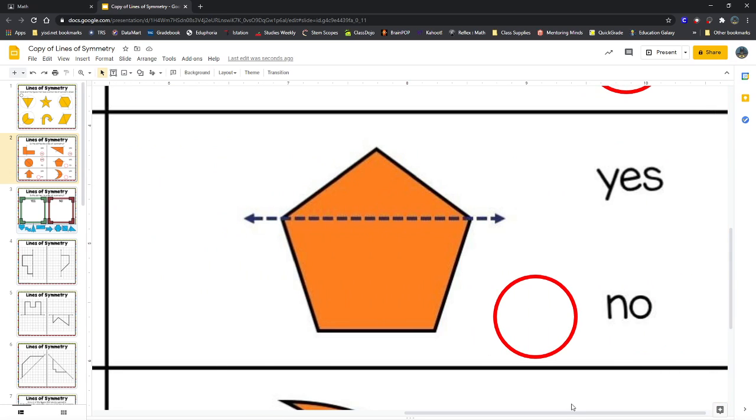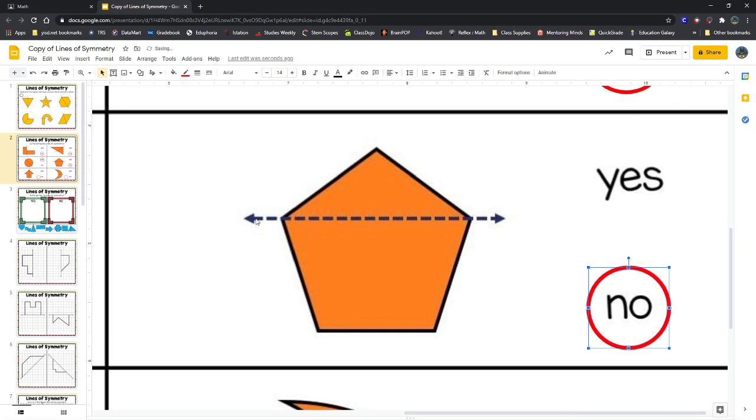Okay, who can tell me about this one, the pentagon? Does that pentagon have a correct line of symmetry or no? Chase, does it have a correct line of symmetry? Yes or no? Chase says nope, and I agree with him. No, if I tried to fold my pentagon there, I would not have two equal sides.